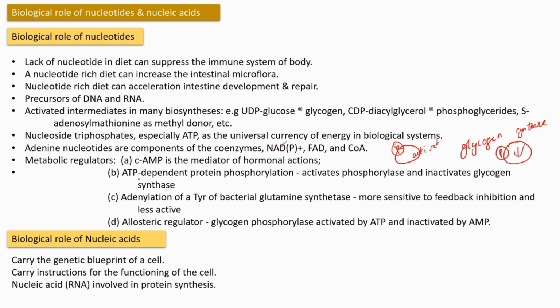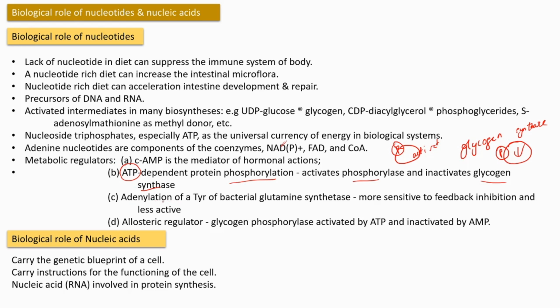This phosphorylation is mediated by ATP, and we know it's a nucleotide. ATP-mediated phosphorylation is very important in metabolic regulation. Some enzymes get activated upon addition of a phosphate group, and some enzymes like glycogen synthase get deactivated upon addition of a phosphate group. That addition occurs with the help of ATP.